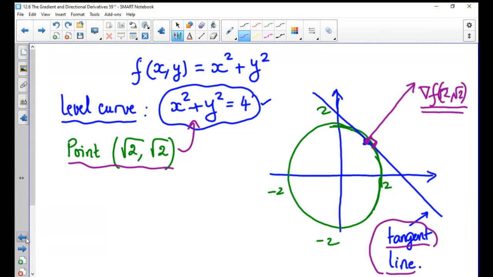So at every point, the gradient always makes an angle of 90 degrees with the tangent, like this. So at every point, the gradient will be orthogonal, or perpendicular.